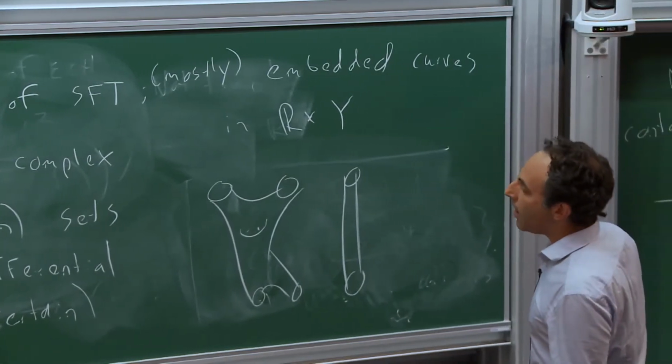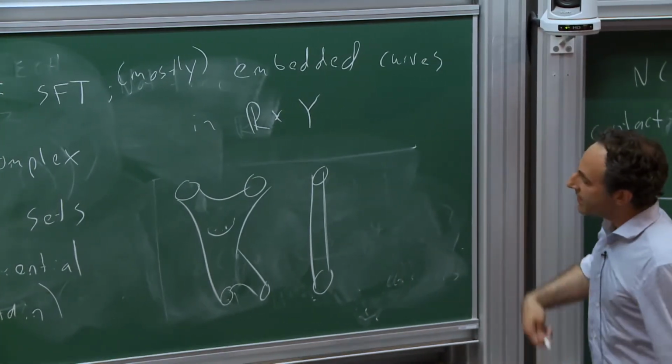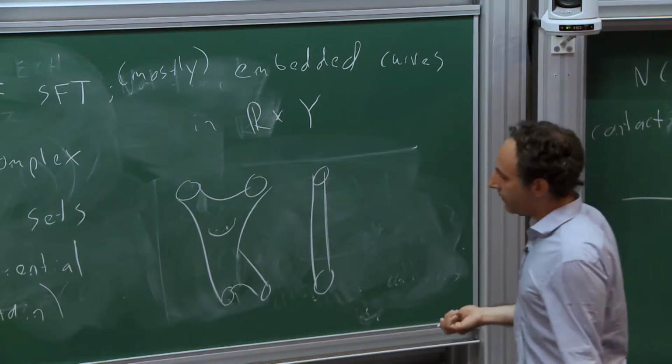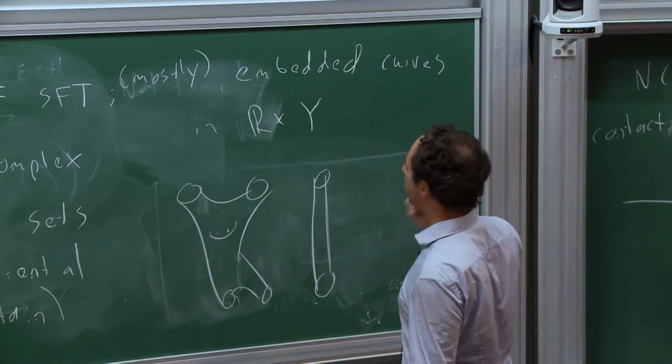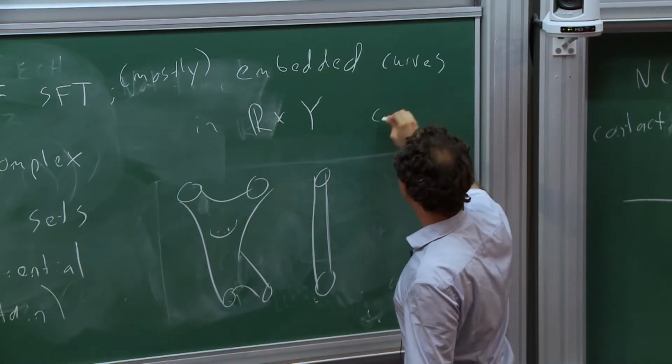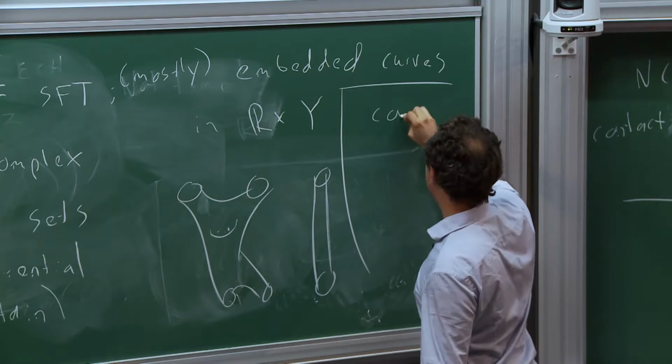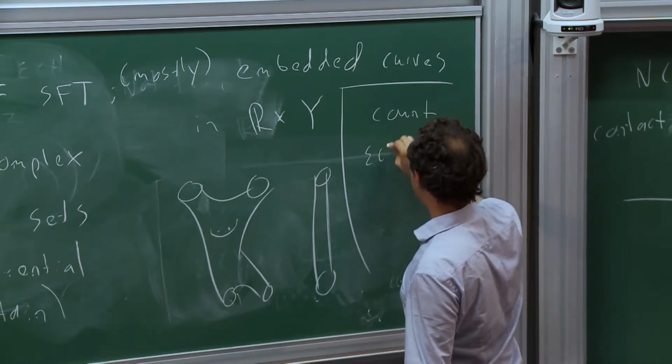But we don't actually want to count all such curves. We want to single out embedded curves in some clever way, and we end up singling them out by this thing called the ECH index. So specifically we count ECH index 1 curves.